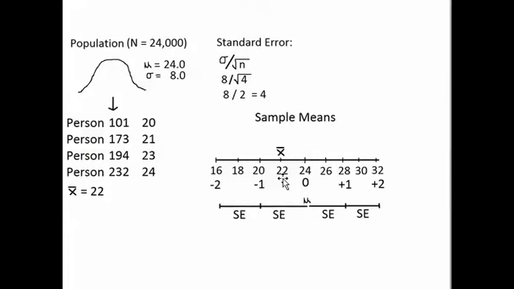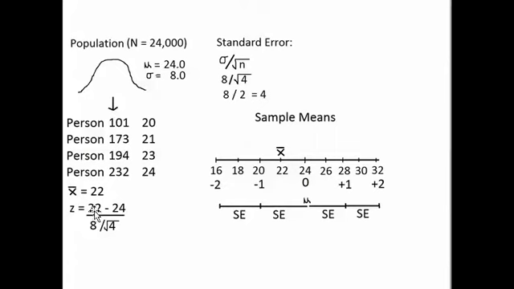Let's double check that answer using the z-score formula. We're going to take this sample mean of 22 and plug it into the z-score formula, and then we'll see that the z-score really is -0.5. This is the formula for the z-score of a sample mean. The z-score formula for a sample mean says to subtract the population mean from the sample mean, and then divide by the population standard deviation over the square root of the sample size.